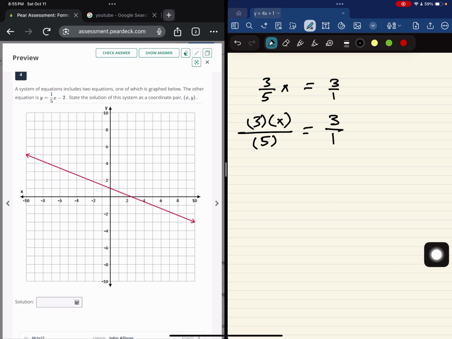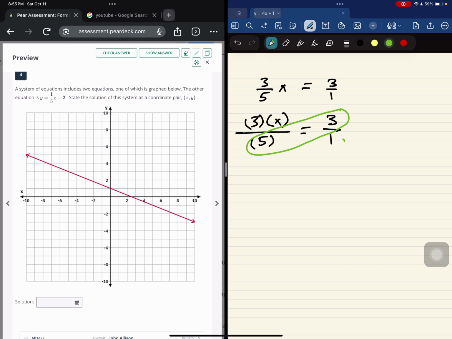Multiplying across, 1 times 3x equals 3x, equal to 5 times 3, which is 15. We divide both sides by 3, cancel the 3 with the 3, and we are left with x equals 15 over 3, which is 5.